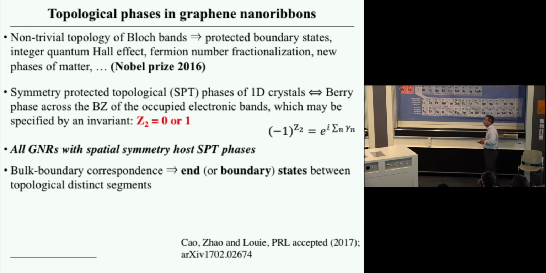So what we find is that all graphene nanoribbons with spatial symmetry, in fact, hold symmetry-protected topological phases.